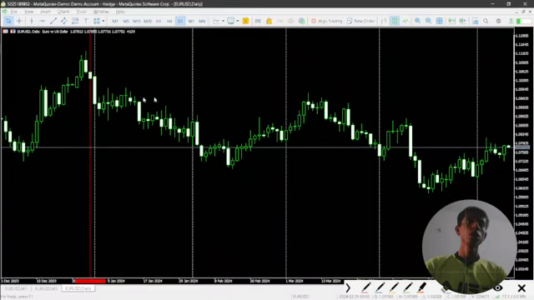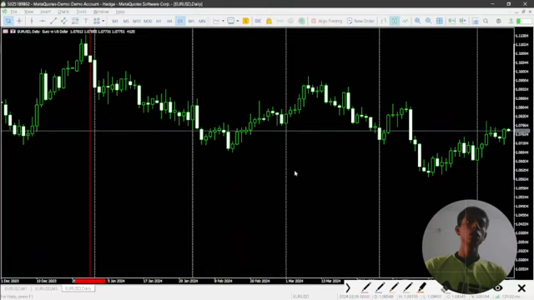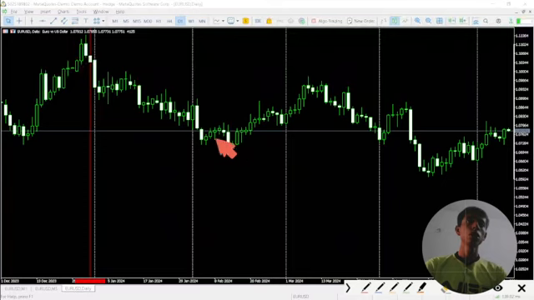In a downtrend, the start of a pullback can be here. This is the support, and this becomes resistance. So you can say that from here the next major pullback can happen.